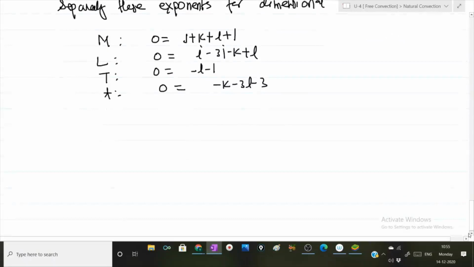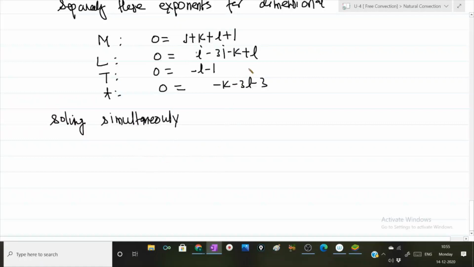After solving these four equations simultaneously, okay, if you solve all these equations simultaneously, what will you get? The value of l as minus 1, k as 0, the value of j also comes out 0, and the value of i as 1.